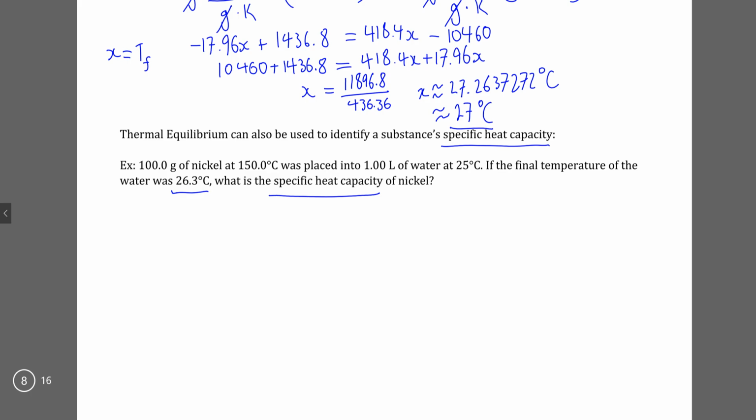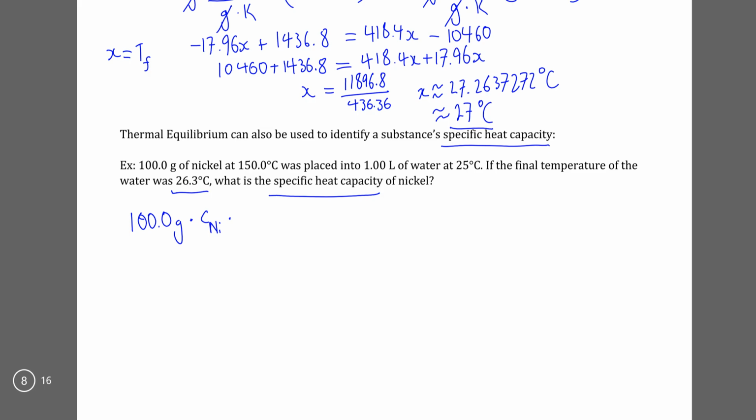So we would set this question up the same way as a thermal equilibrium question, starting with 100 grams of nickel. Let's preserve the significant digits and write 100.0 grams of nickel, and we're going to multiply this by the specific heat capacity, C of nickel, which we don't know, so this is our variable, and then we're going to multiply this by the change in temperature.